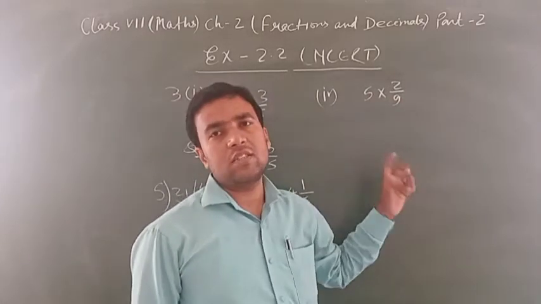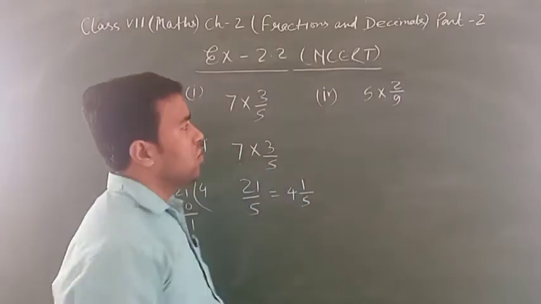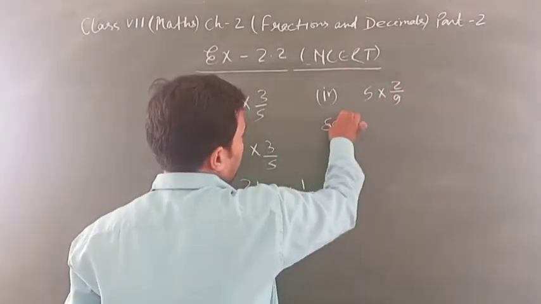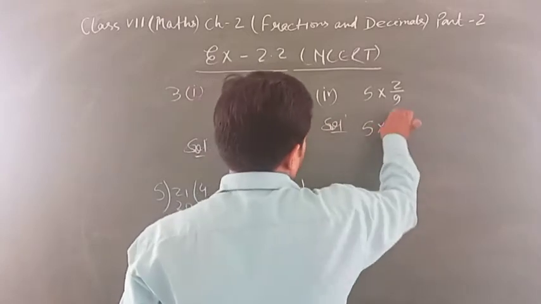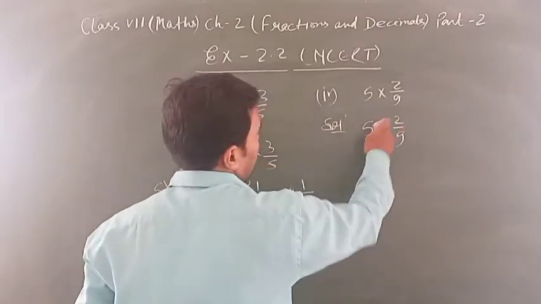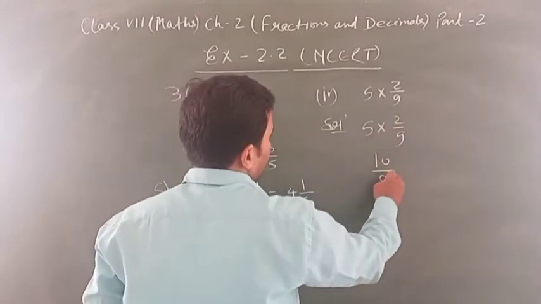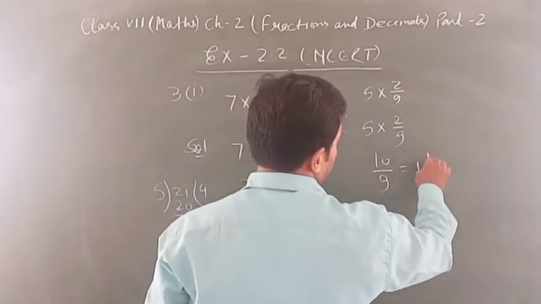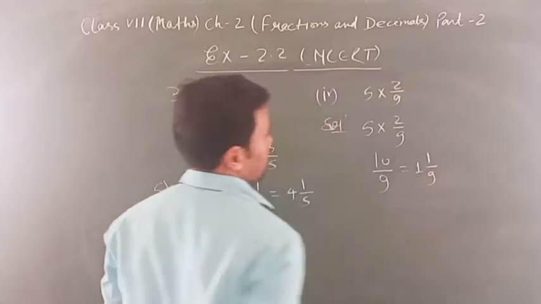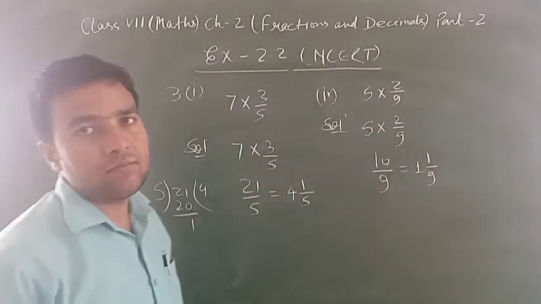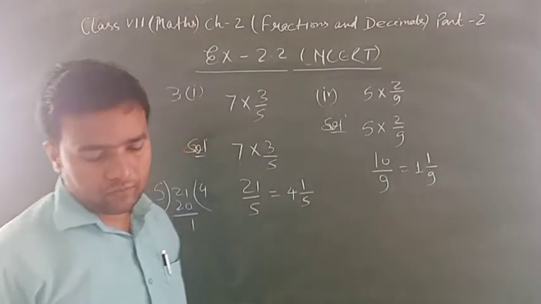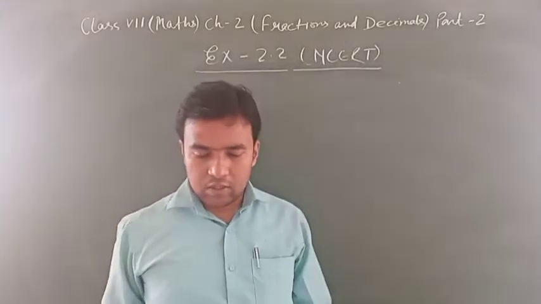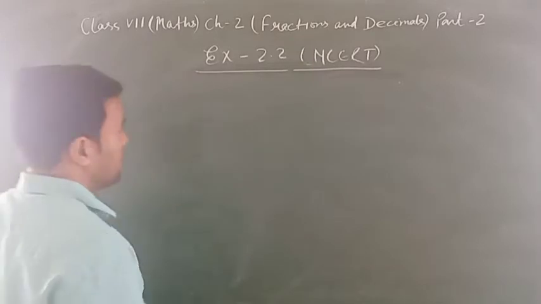After that, you can change it into a mixed fraction also. 5 into 2 by 9 means 5 twos are 10. 10 by 9. Clear? Means 1 whole 1 by 9. Clear? Note down.